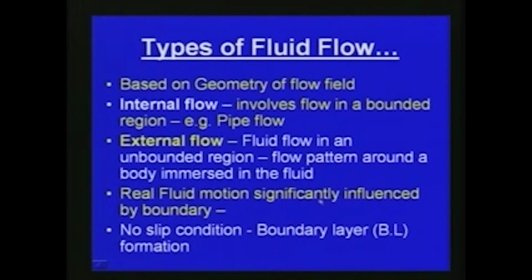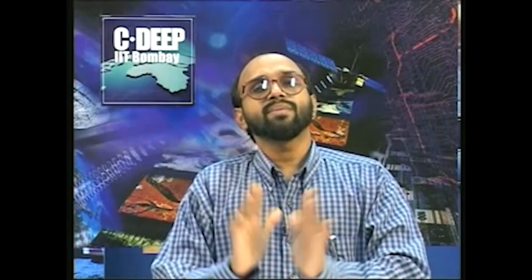This is also very important when we discuss laminar and turbulent flow. Also, real fluid motion is significantly influenced by the boundary, whether it is an internal flow or an external flow. As in the case of a pipe flow, the solid surface is where the fluid has a no-slip condition. So the boundary is very important.